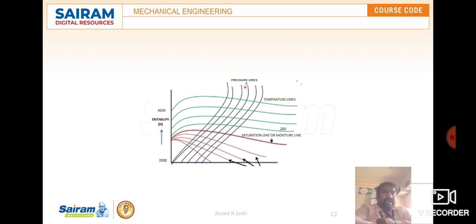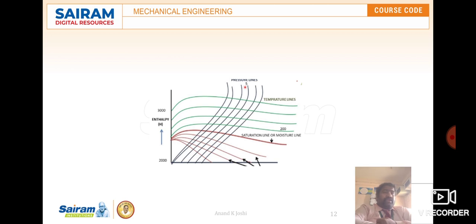There are different lines which identify the various processes of a pure substance in thermodynamics. Here we can identify the various lines: constant temperature line, constant volume line, constant pressure line, and even lines for the dryness fraction.